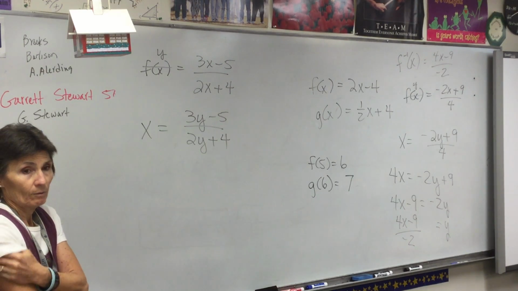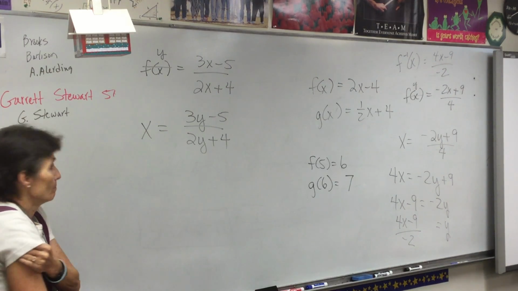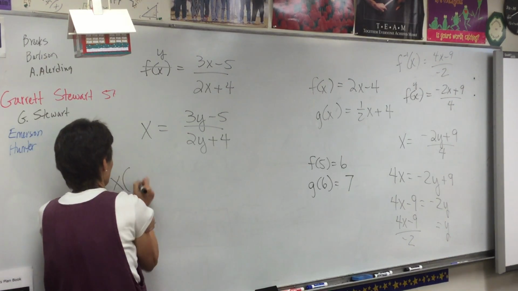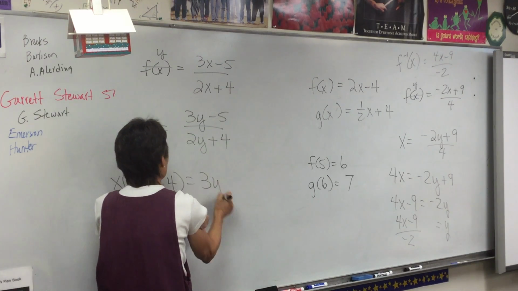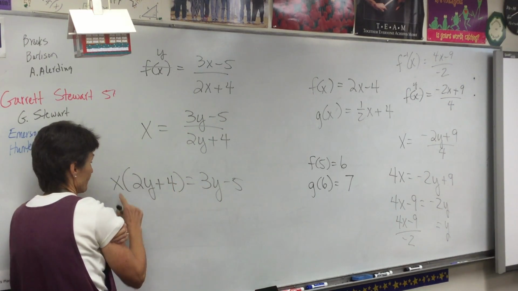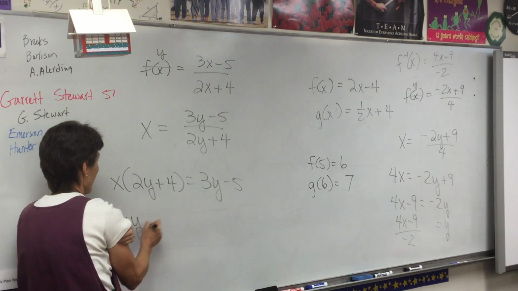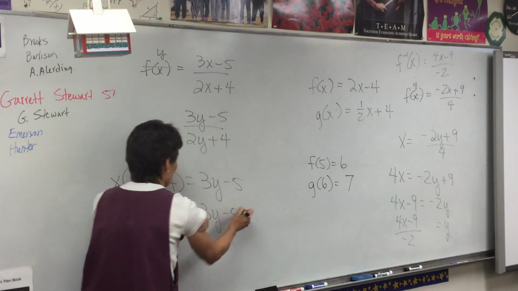What do we do now? Times it by 2y. Move this over to here, and then remember that when you move that over, this becomes a distributive situation. So 2xy plus 4x. That is a distributive.